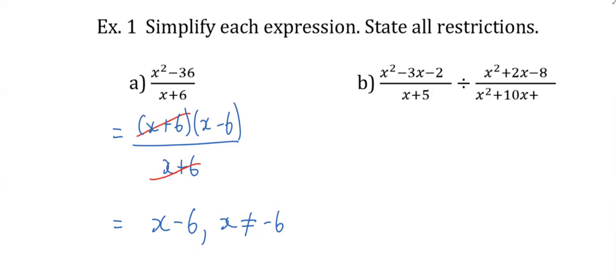Isaac, you had your hand up. What were you going to say? When do you restrict it? Like, why is it 6 as a restriction? Because we never divided by x minus 6. It's only when you're dividing by a factor that will mean you're dividing by 0 that you count those as restrictions.